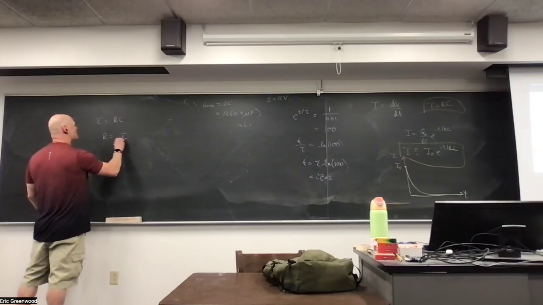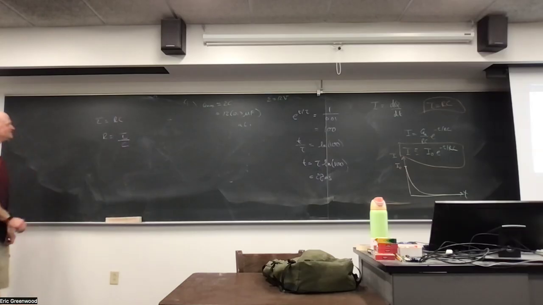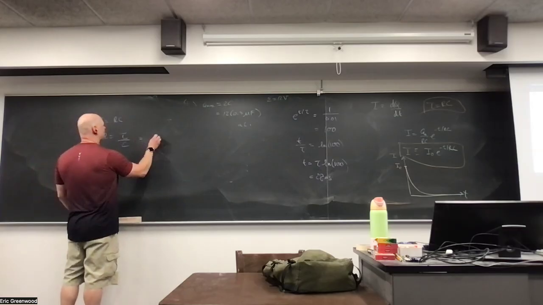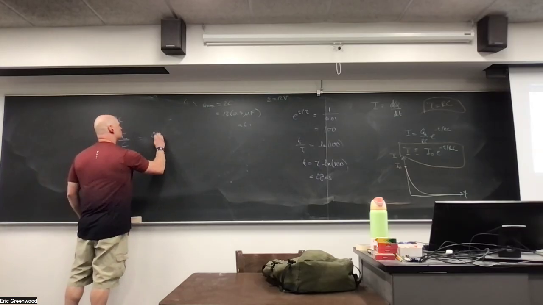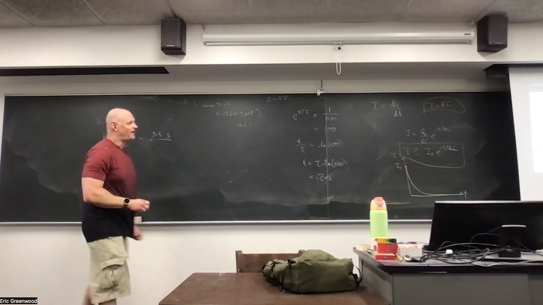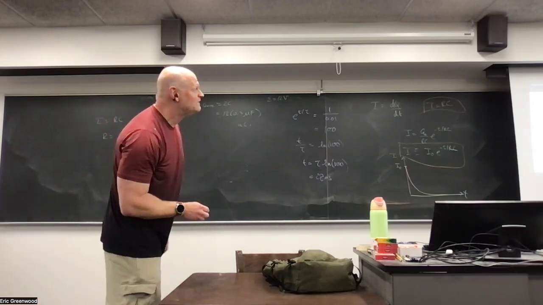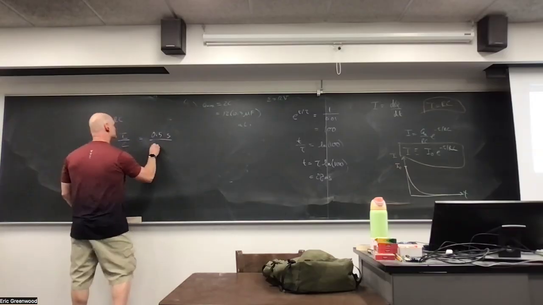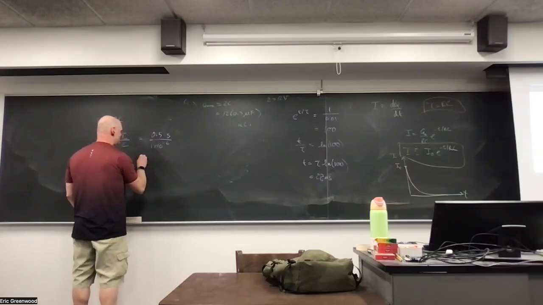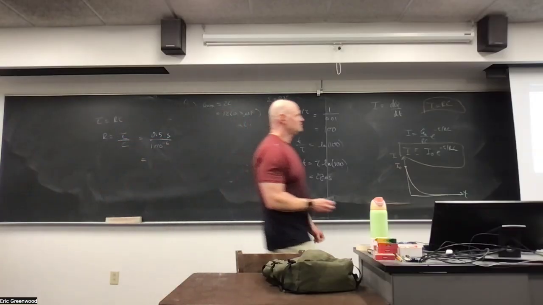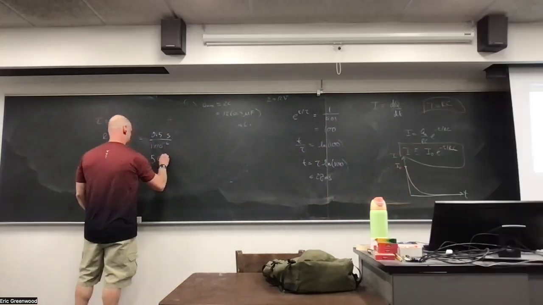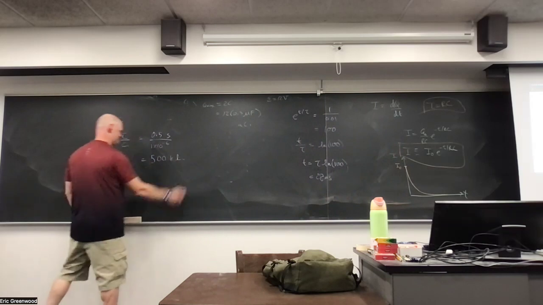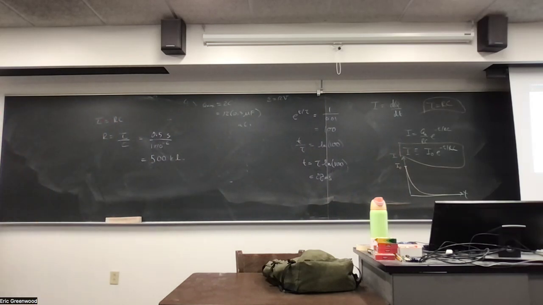So R is going to be the time constant divided by C, which is 0.5 seconds divided by 1 microfarad, so that's 1 times 10 to the minus 6. So this is equal to 500 kilo ohms. That's it. Nice and easy.